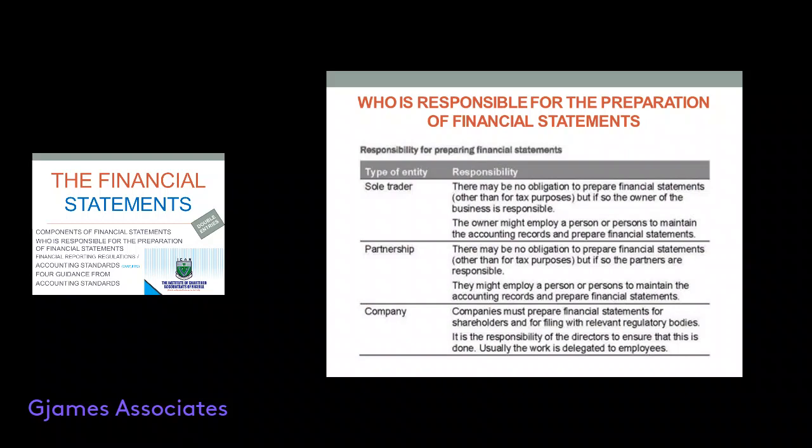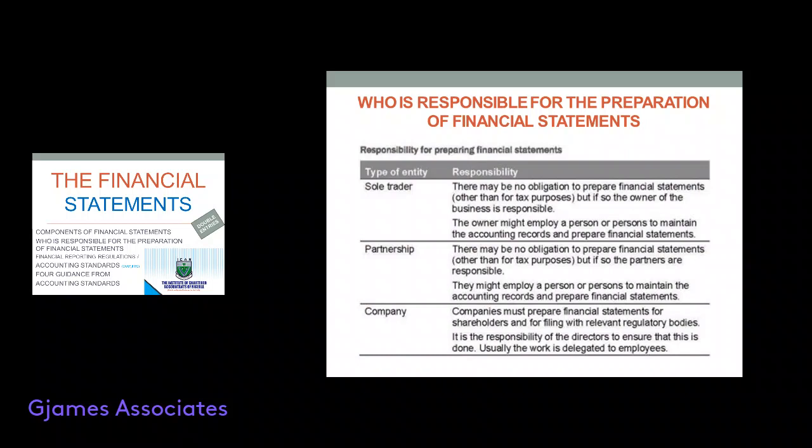Partners in a partnership are responsible to themselves to ensure that they prepare, so that at the end of the day they will know what profits to share or if they've made a loss. Also, they too could employ people to prepare their financial statements for them.